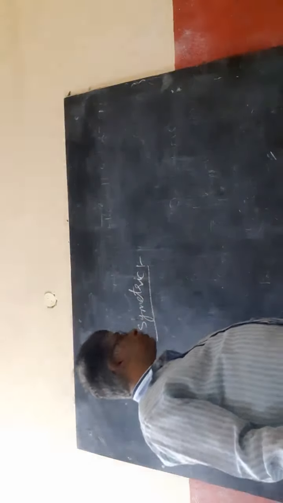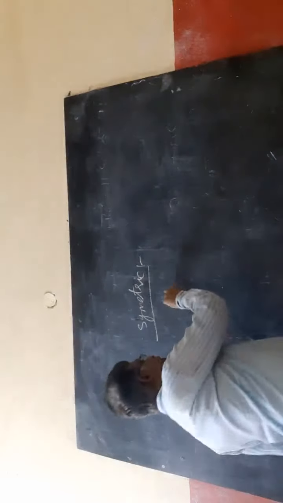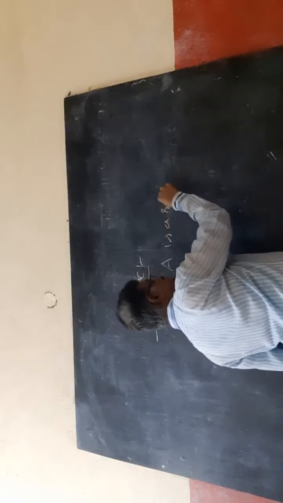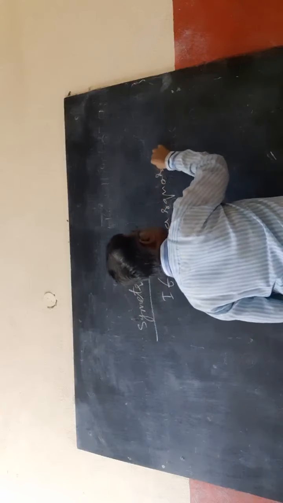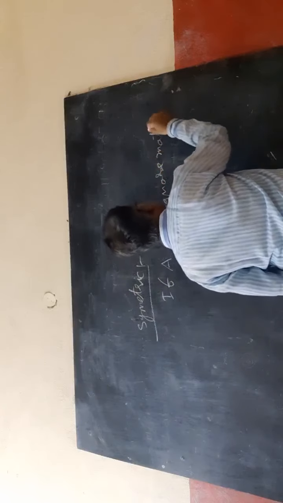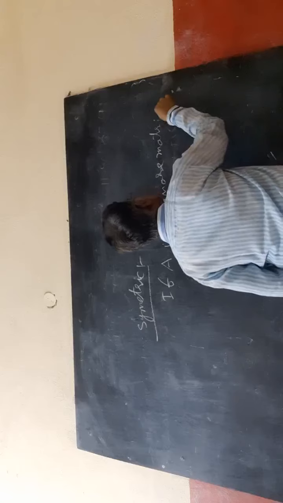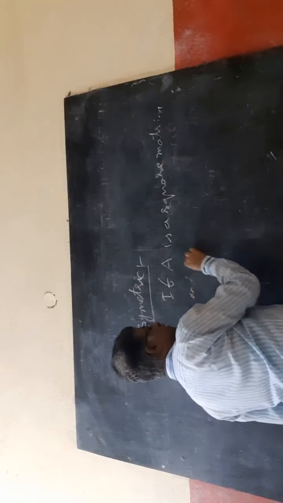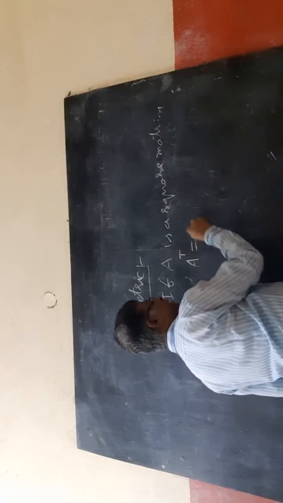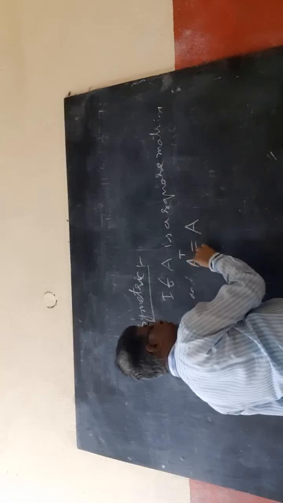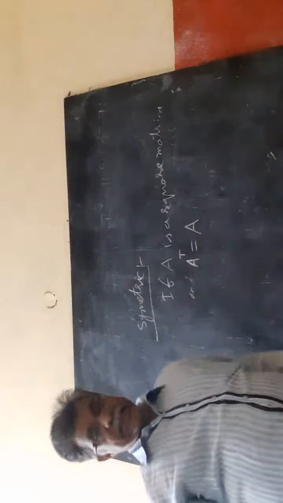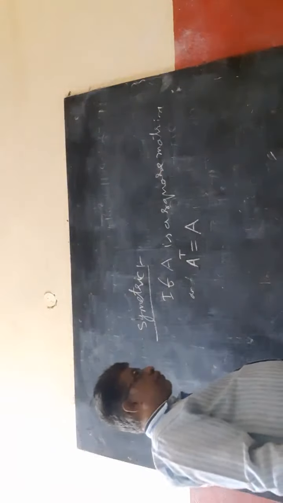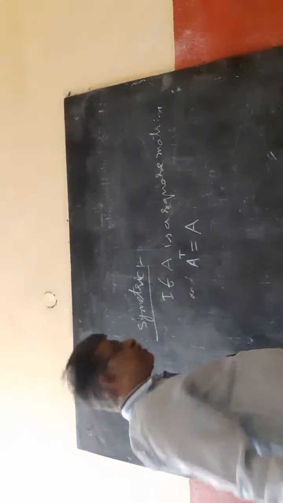And symmetric matrix means A transpose equal to A. A is a square matrix, and A transpose equal to A, then A is called as a symmetric matrix.